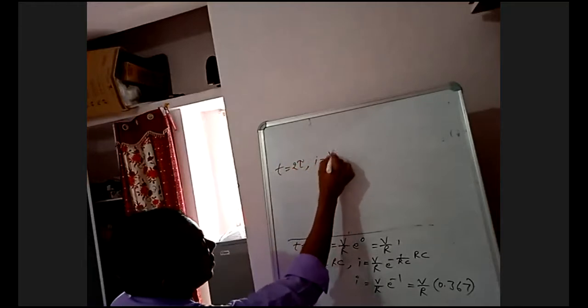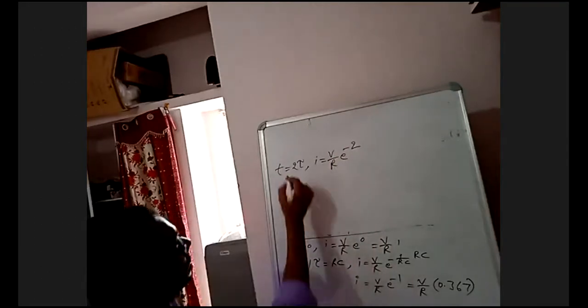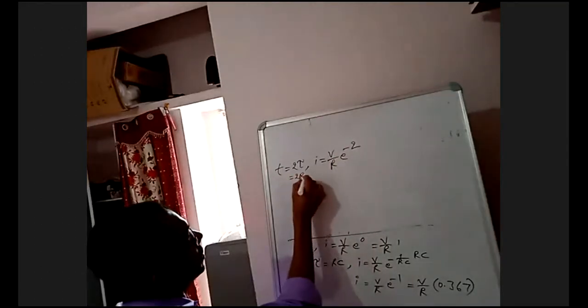I is equal to V by R into e power minus 2, since two time constants means 2 into RC.